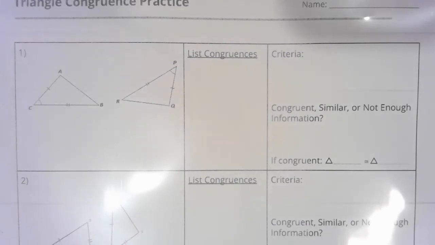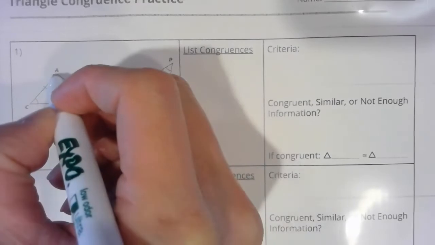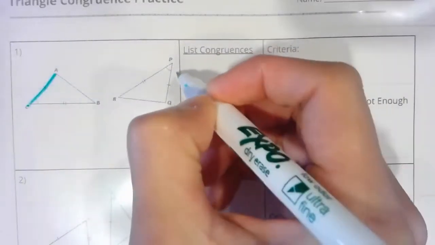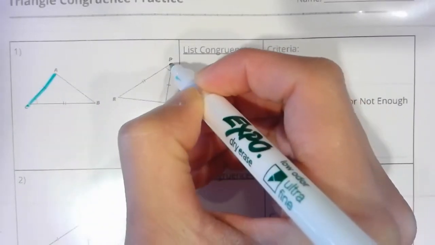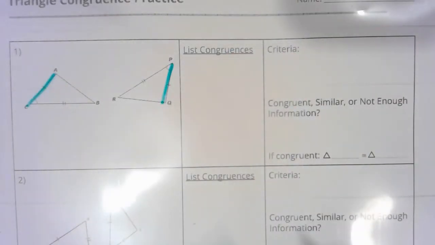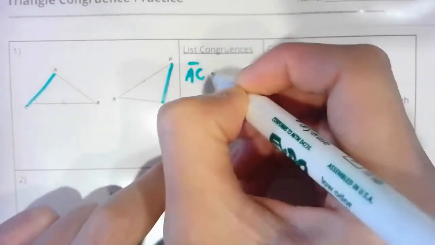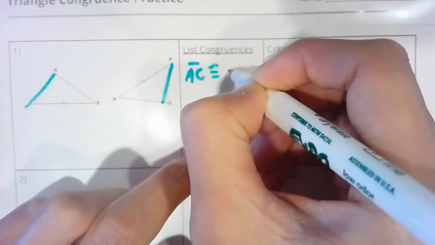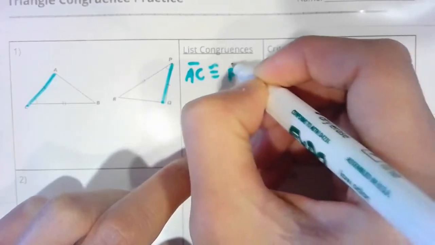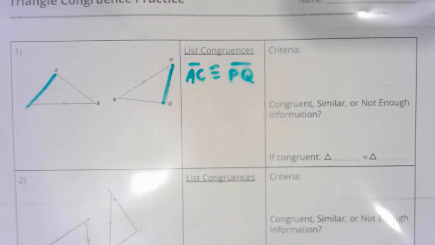For example, we know that side AC is congruent to side PQ. So I'll write that down. AC is congruent to PQ.